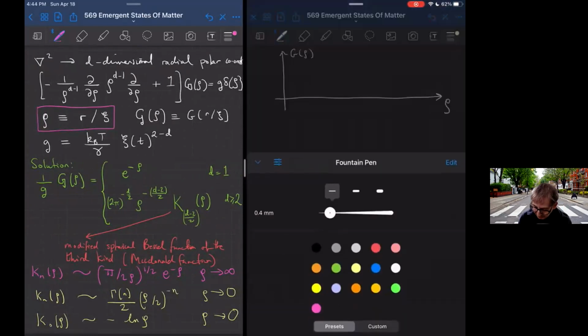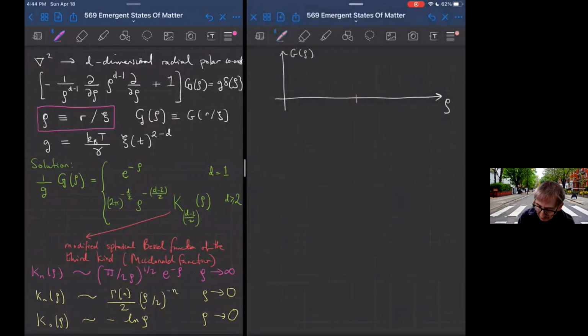So what we found is that for rho greater than psi, this thing decays exponentially.